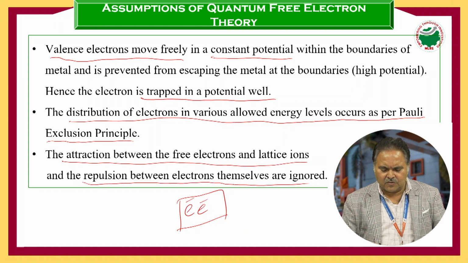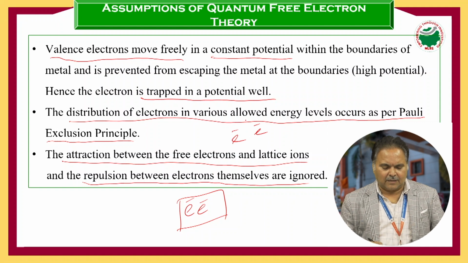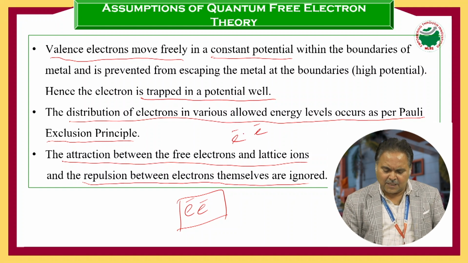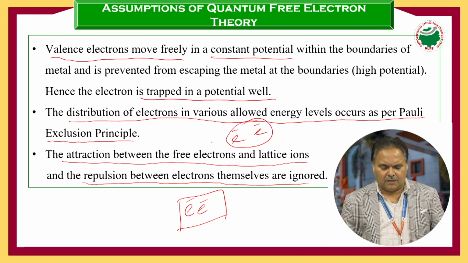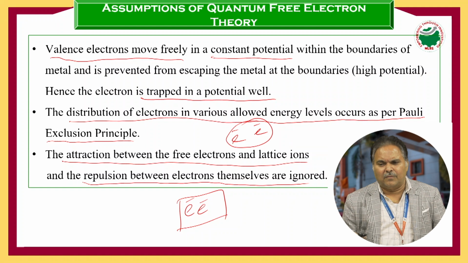Usually the repulsion, the electron to electron collision, is ignored. The repulsion means that electrons are negative and negative, so repulsion will come, like a magnet.